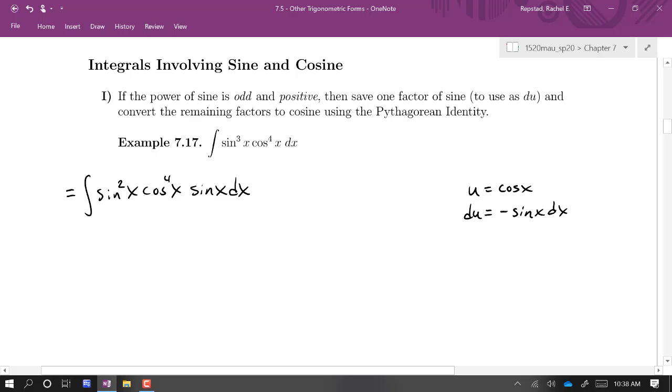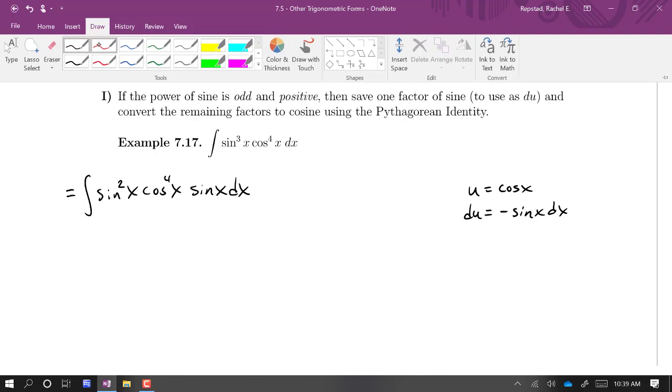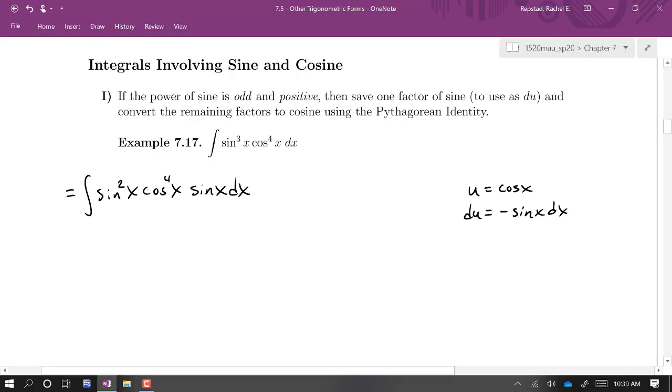Now, if our u is cosine x, I want the whole rest of the integral written in terms of u. So we've got our du at the end with the sine x dx, and the cosine to the fourth. I'm satisfied with that because that's my u. But this part, we want to write in terms of u.